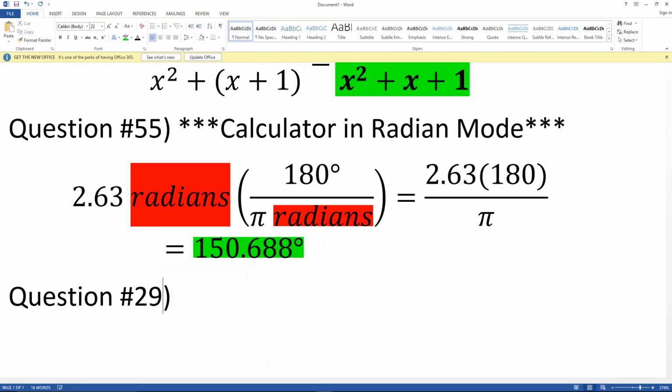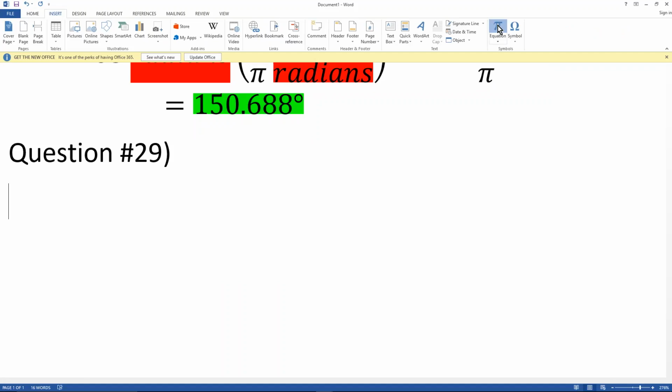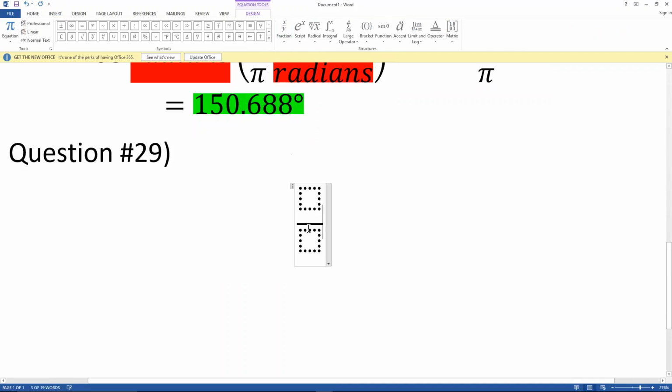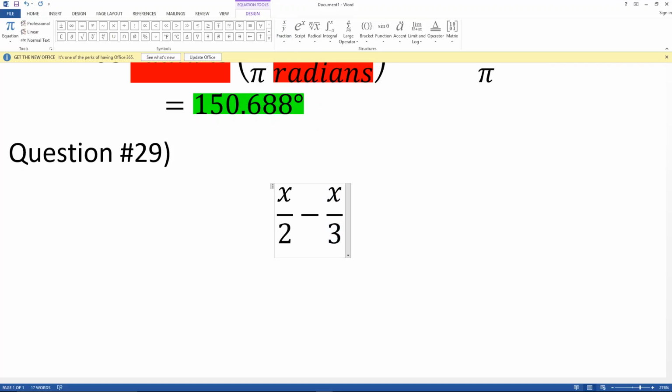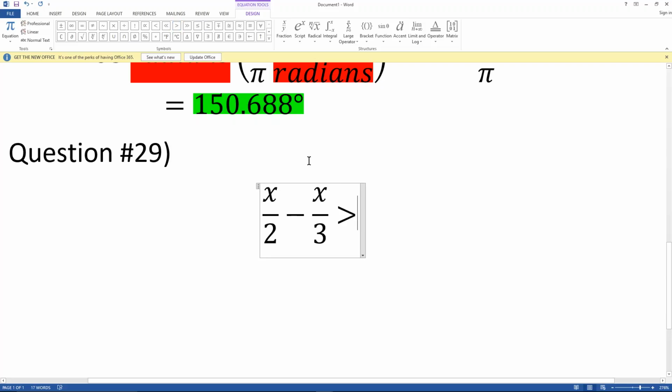So number 29. Let me type it up first. Minus x over 3 is greater than 5. Do y'all like fractions? No. So what's a common number that these two denominators share? 6, right?